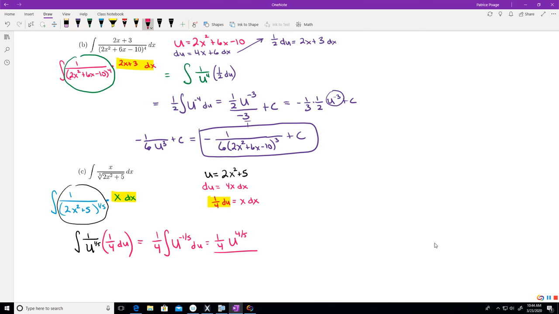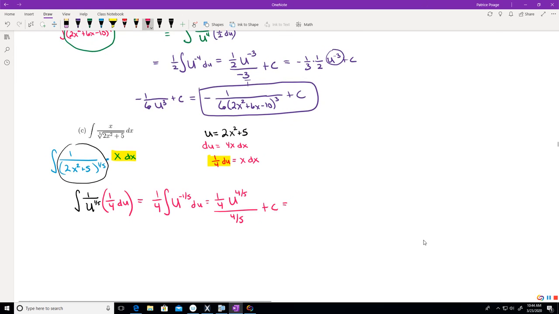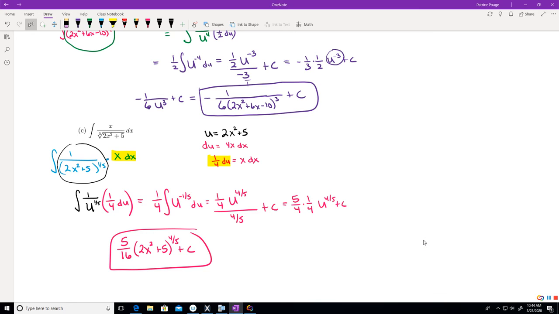Divide by my new exponent, plus c. Dividing by 4/5 is the same thing as multiplying by 5/4. And so I have 5/16, and I'm going to replace my u to the 4/5 plus c. Yay!